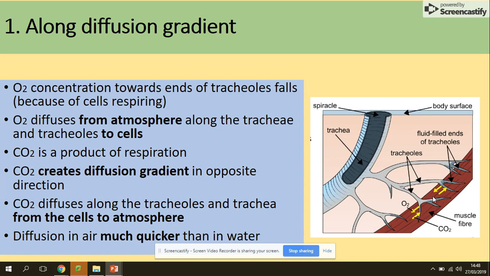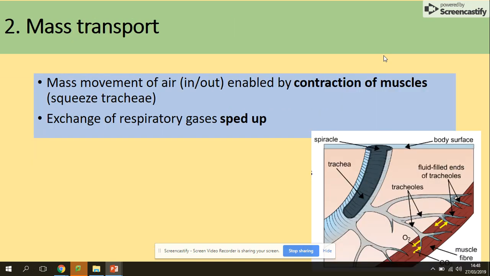Of course, it's a product of respiration, so that will create the diffusion gradient in the opposite direction: higher concentration of carbon dioxide in the cells, lower outside. So the carbon dioxide will diffuse along the tracheoles, trachea, and out through the spiracles. Okay, so this is along a diffusion gradient.